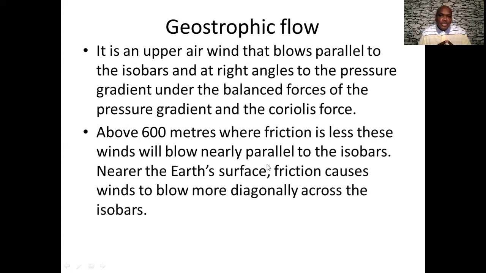This means we get geostrophic flow when the pressure gradient force and the Coriolis force are balanced, or in equilibrium. That's when we get geostrophic flow. Above 600 meters, when friction is less, these winds will blow nearly parallel to the isobars. Near the Earth's surface, friction causes winds to blow more diagonally across the isobars.